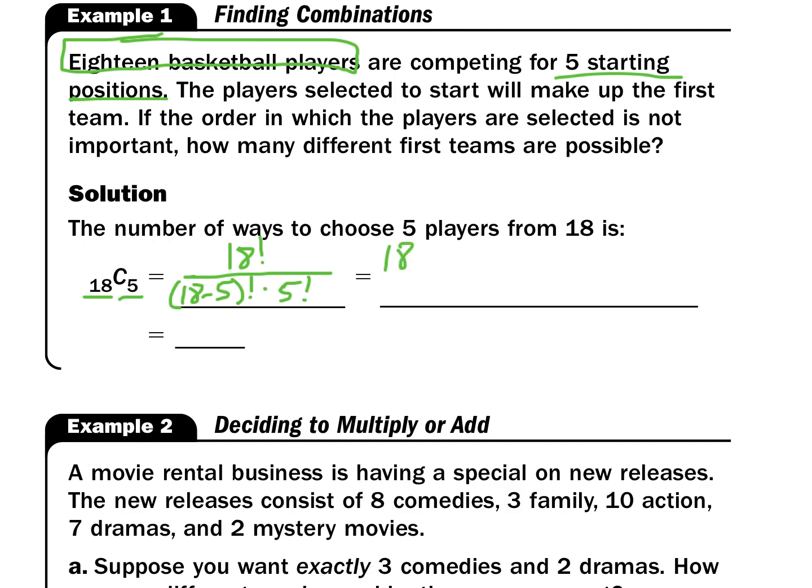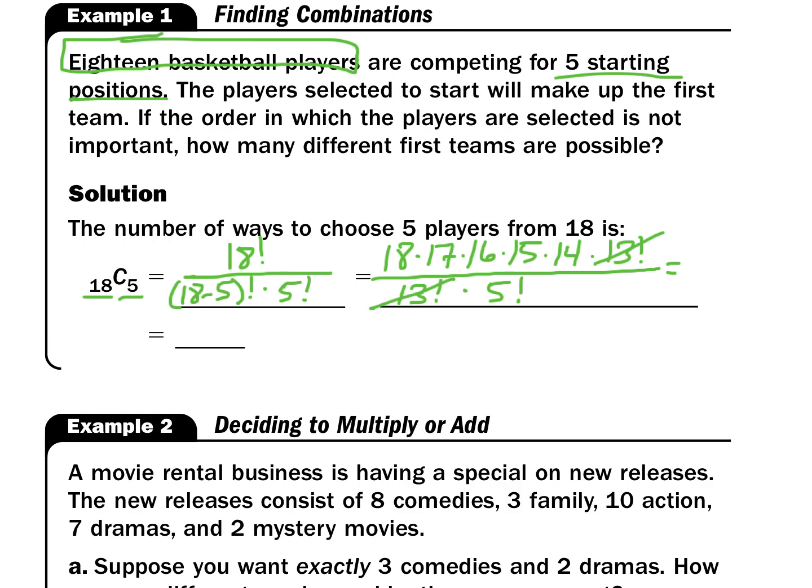So remember 18 times 17 times 16 times 15 times 14 times 13, the rest would be 13 factorial, over 18 minus 5, which is 13 factorial, times 5 factorial. So the 13 factorial and the 13 factorial top and bottom reduce to 1.